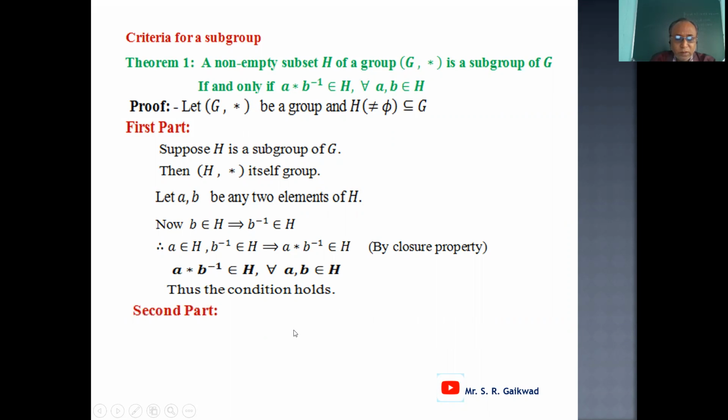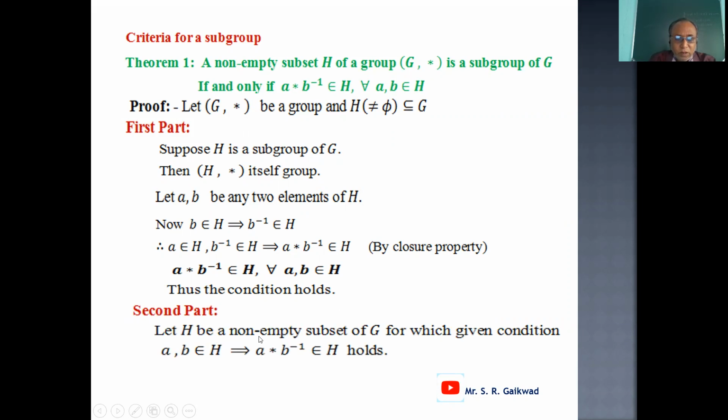Part two. Let H be a non-empty subset of G for which the given condition, a, b belongs to H implies a star b inverse belongs to H, holds. Using this condition, we have to prove H is a subgroup of G.